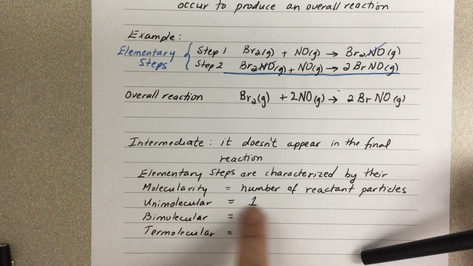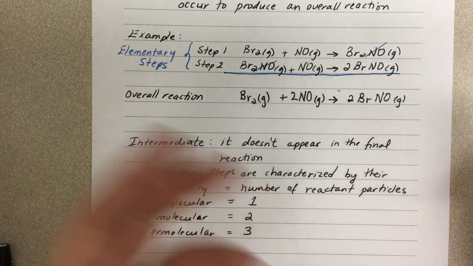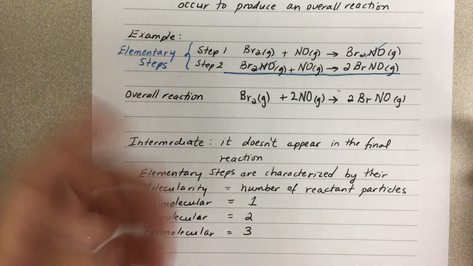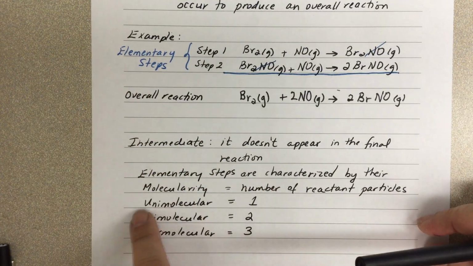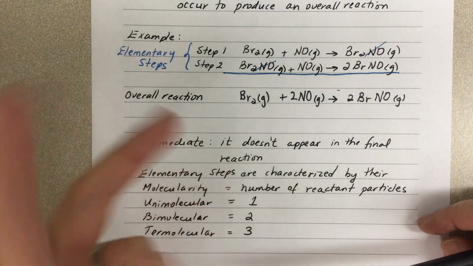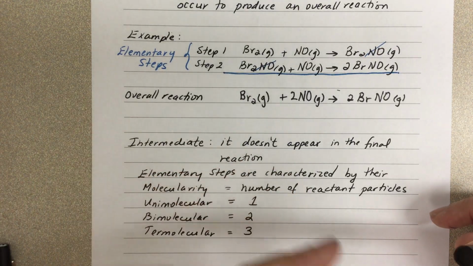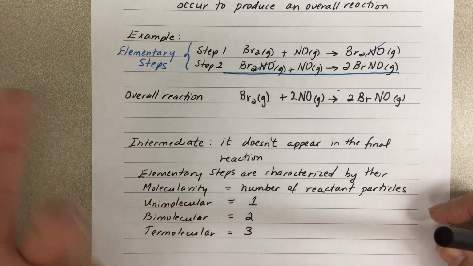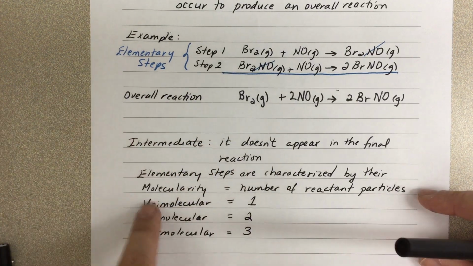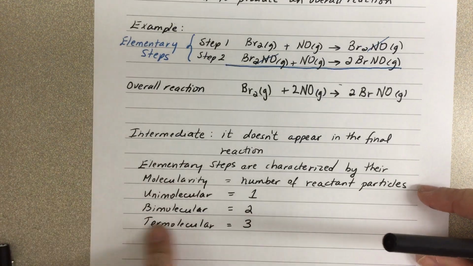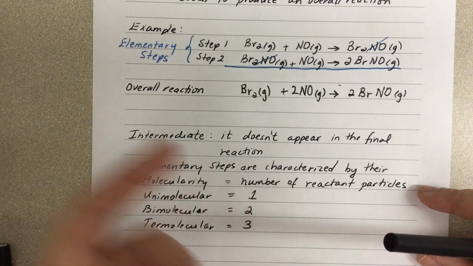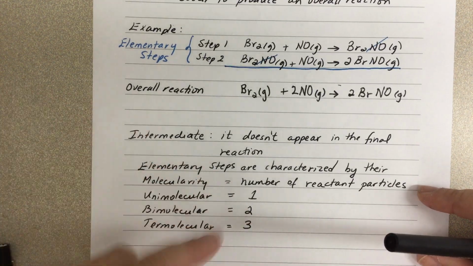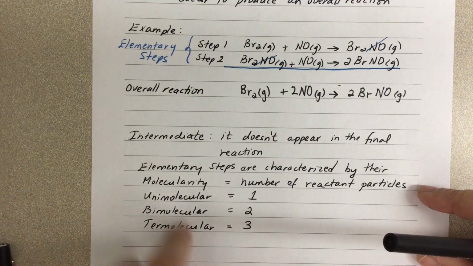If you have just one reactant, 1 mole of one reactant, you will have a unimolecular step. If you have 2 moles of reactant or 1 mole of 2 different reactants, you add up those 2, and that gives you a bimolecular step. And anything that has 3 particles or 3 moles of reactant will give you a termolecular step.